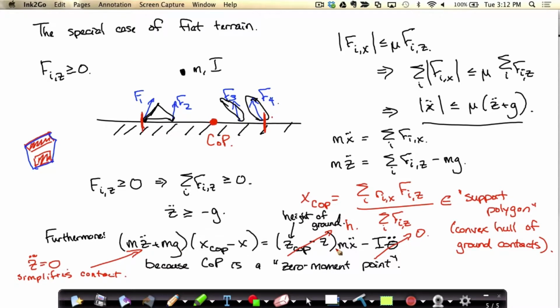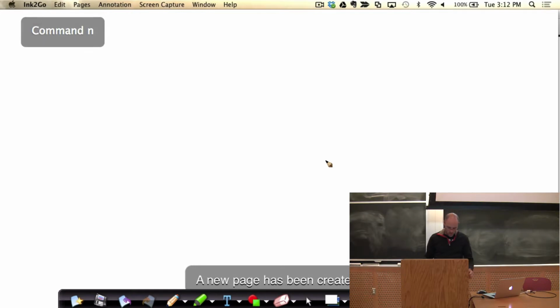And what am I left with? I'm left with x double dot is negative g over h, times x COP minus x.